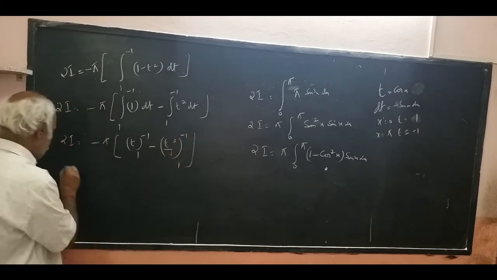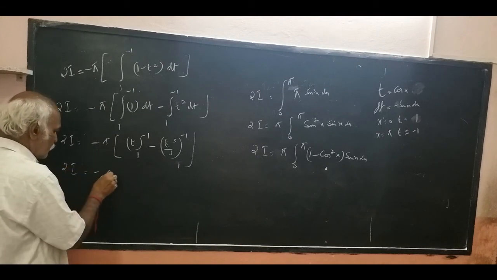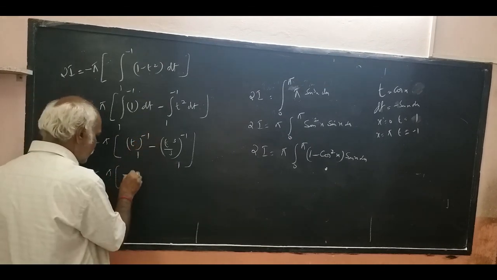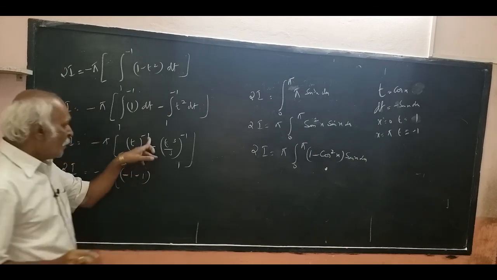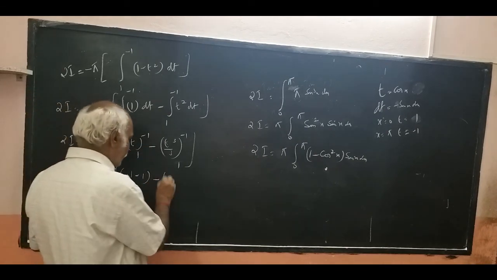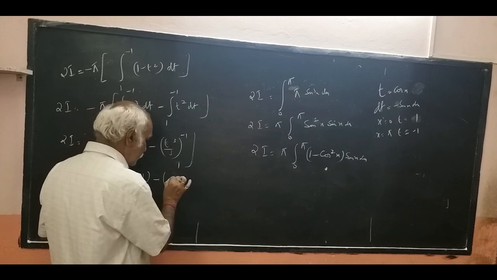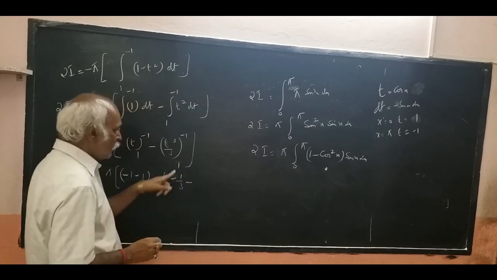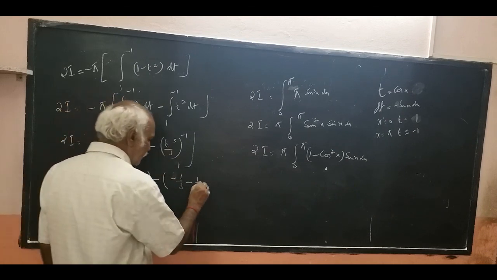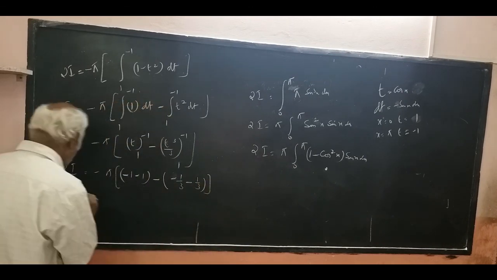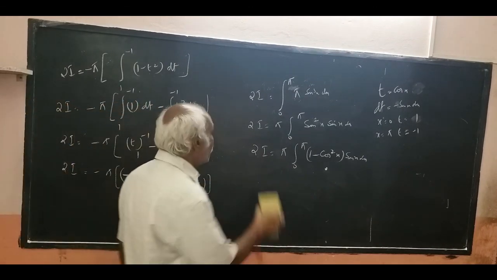So put the values. 2I is equal to minus pi, minus 1 minus 1, upper limit minus lower limit. Minus of minus 1 by 3, lower limit is minus 1 by 3. Right? So this becomes upper limit minus lower limit.